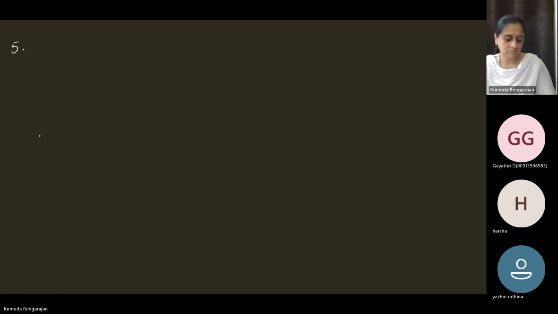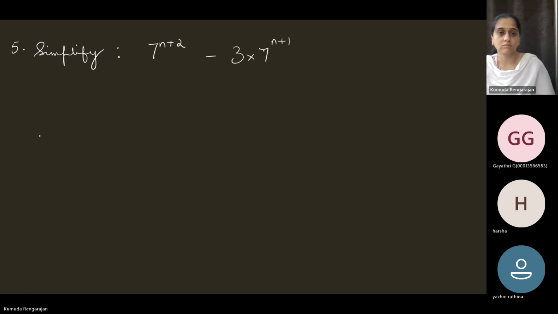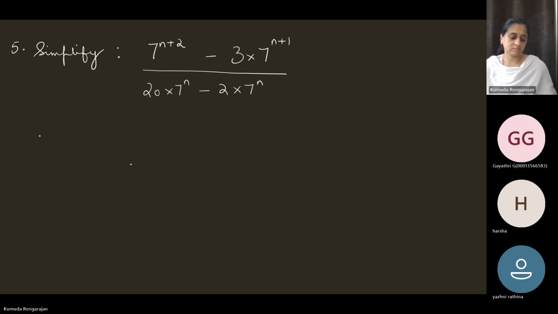Three-mark question. Yeah, 3 marks. No, you cannot find the value of n because it's an expression, it's not an equation.